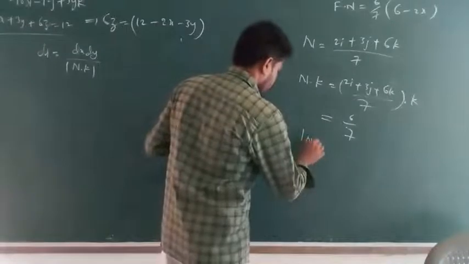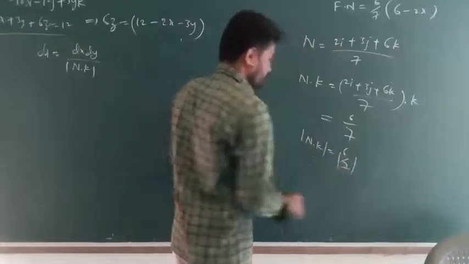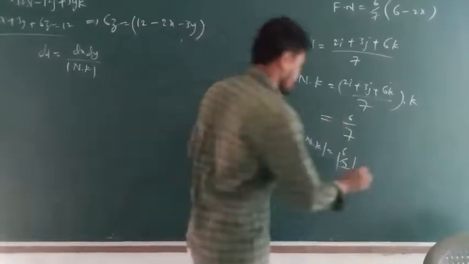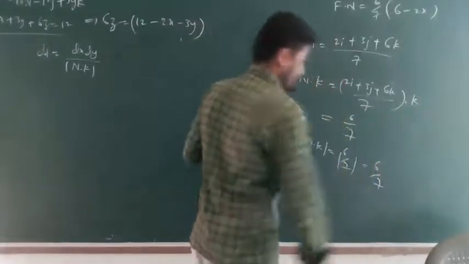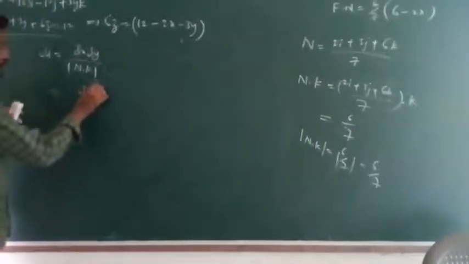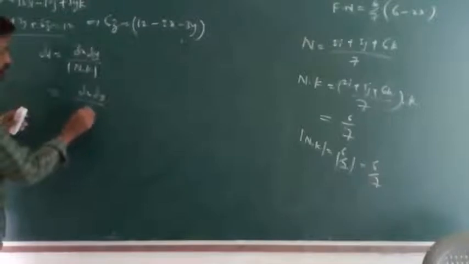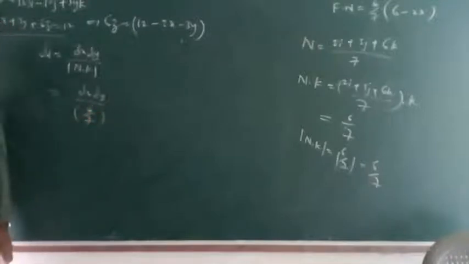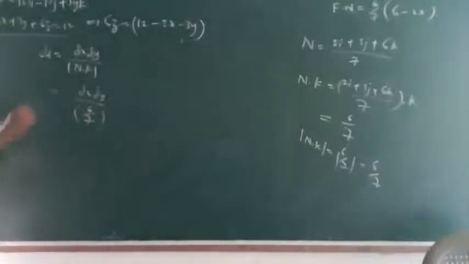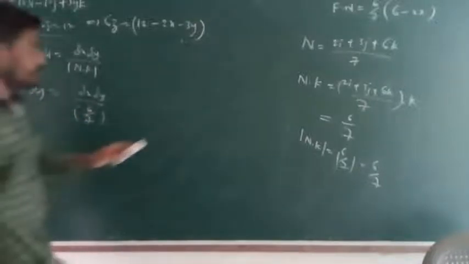So mod of n dot k means it will select only the positive term. In case of a negative term, it will select only the positive term. So mod of n dot k means 6 by 7. So dx dy by n dot k is dx dy by 6 by 7. This is ds.